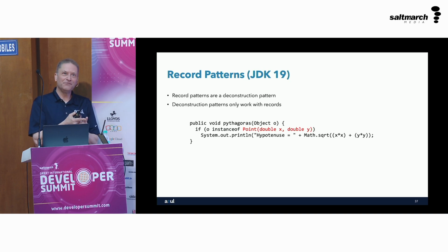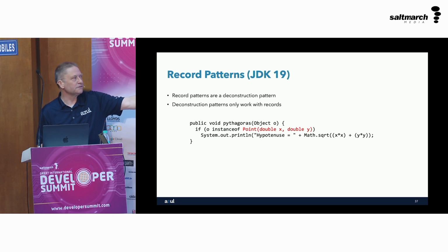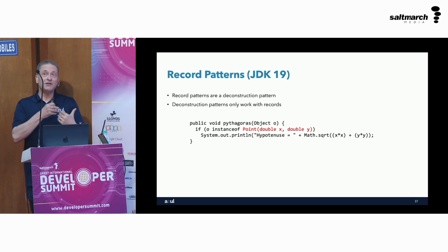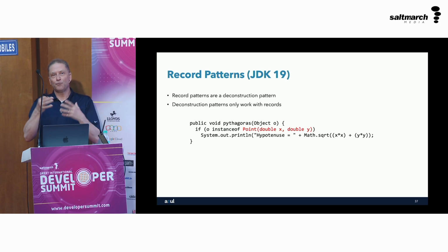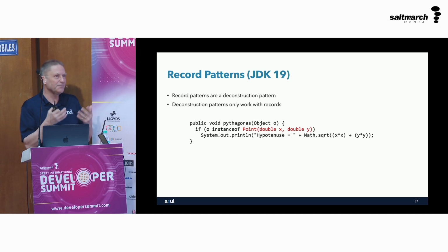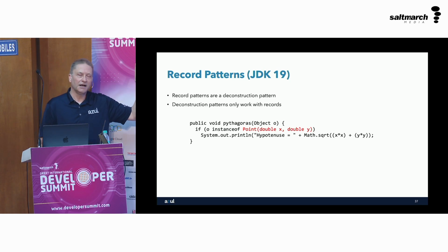When gets very confusing, because if you said if o instanceof Point(double x, double y) when, giving it the variable name when, and then you try to use that, you end up with a situation where the compiler cannot produce a single version of the code. There are two different ways it can be interpreted. It becomes ambiguous. That's the word I'm looking for. So they don't allow pattern variables for the type when you're using a deconstruction.